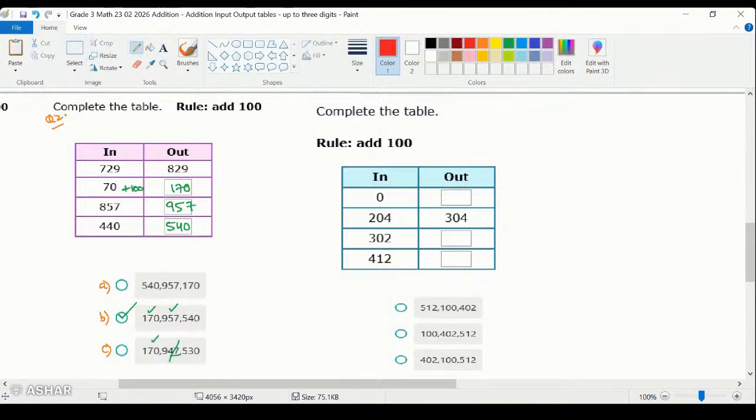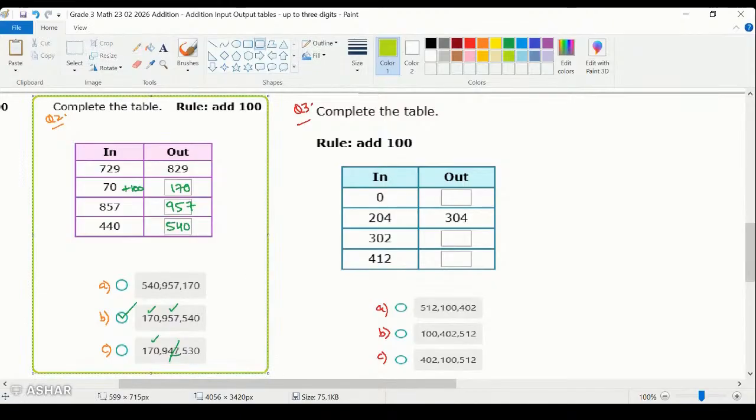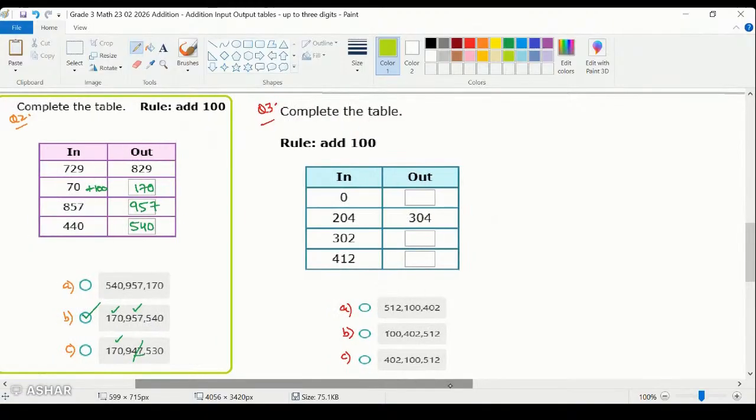If this is our question number 3, and the options are A, B, and C. Yusuf, what should be the answer? Yes, thank you, Ayman. Question number 3 is B.